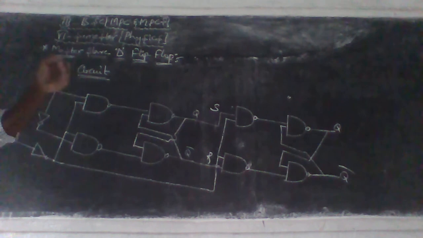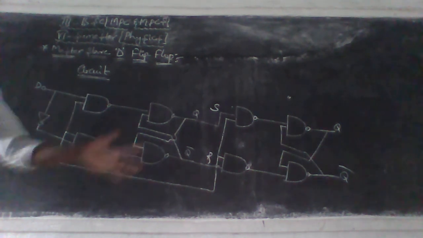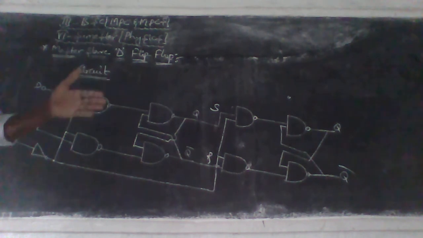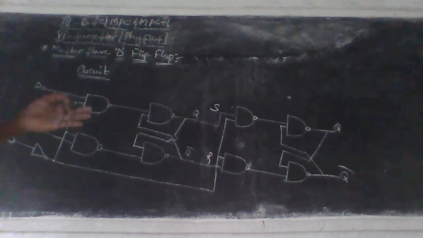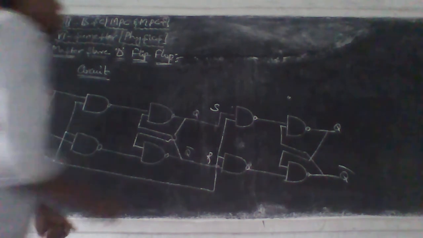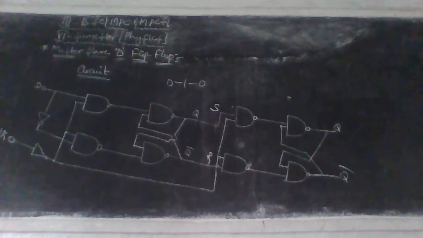There will always be one flip-flop on and the other off, but never both master and slave on at the same time. So the output Q acquires the value of D only when one complete pulse, 0 to 1 to 0, is applied to the clock input.